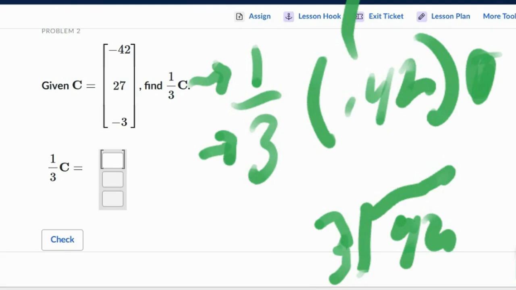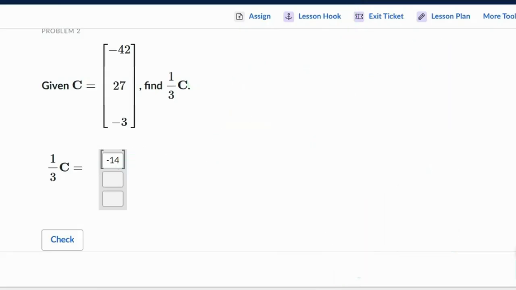Well, 42 times 1 is just 42. So if we divide 42 by 3, and this is a negative though, so it's a negative answer. Negative 14 would be what we're putting in this box. Sorry for the confusion on the times 3. We'll use that later in the next assignment.